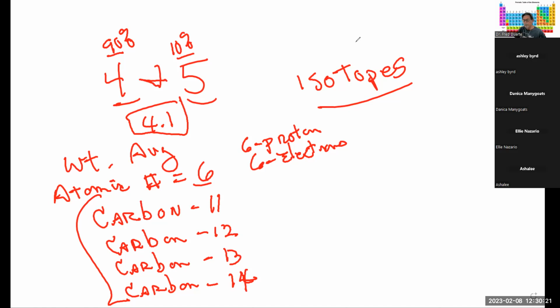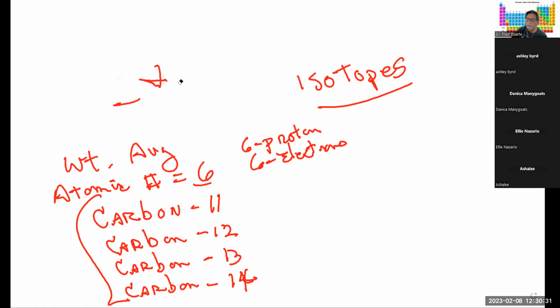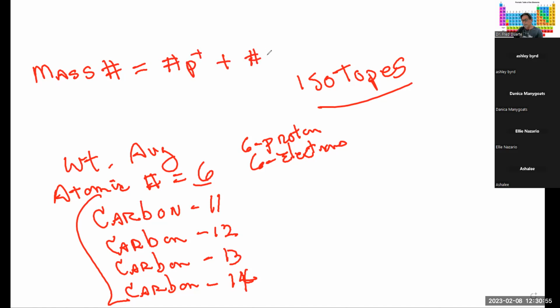So if we take the mass number, and remember the mass number is the number of protons plus the number of neutrons, okay?